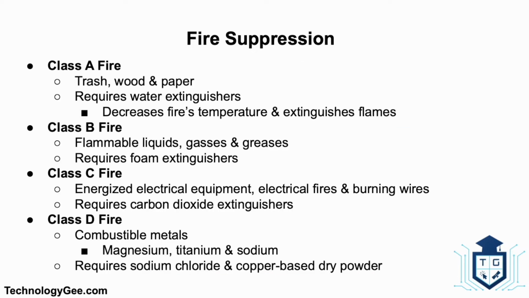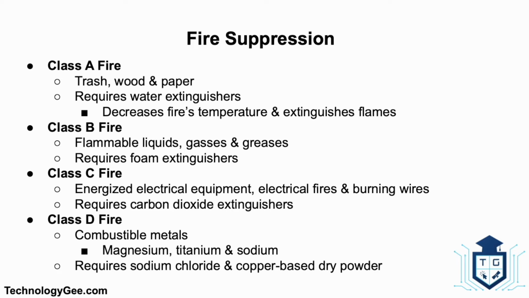And the types of fire suppression systems that you need to know are as follows. You have a Class A fire, and this consists of burning trash, wood, and paper, and they require water extinguishing systems which decrease the fire's temperature and extinguishes the flames. You got a Class B fire, and this consists of flammable liquids, gases, and grease, and they require a foam extinguishing system.